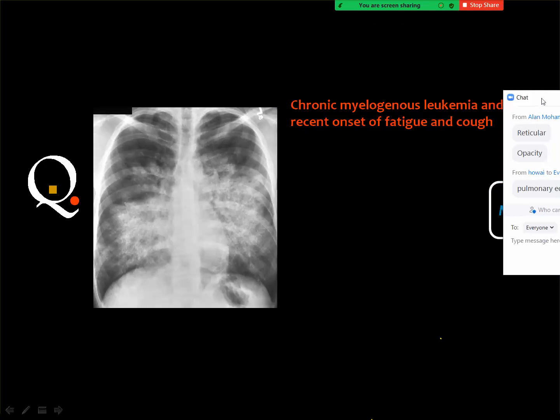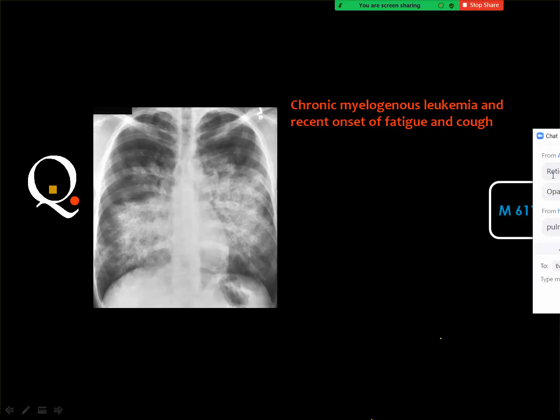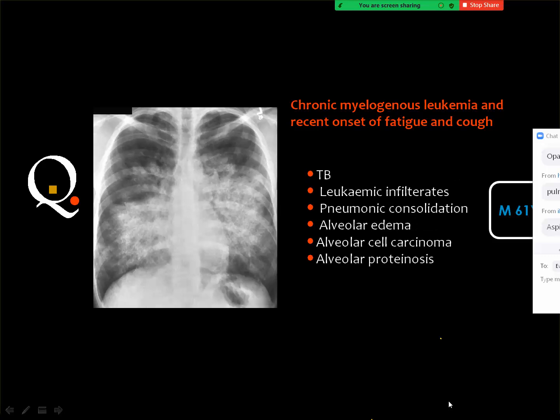Then we have this case of a male patient, 61 years old, with chronic myelogenous leukemia and recent onset of fatigue and cough. And I may give you some of the diagnostic possibilities.